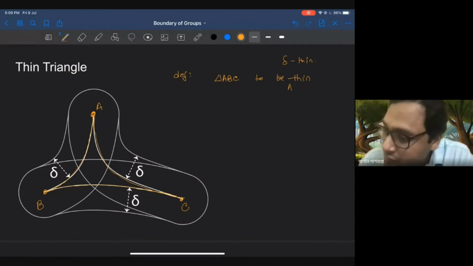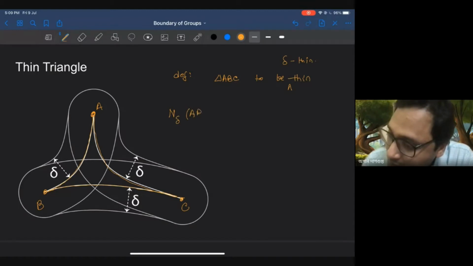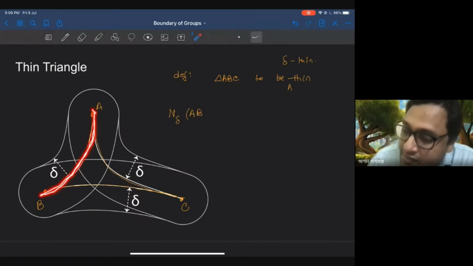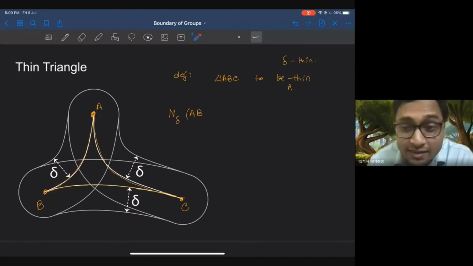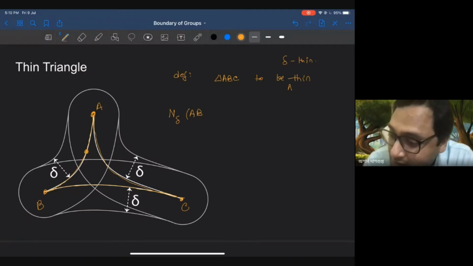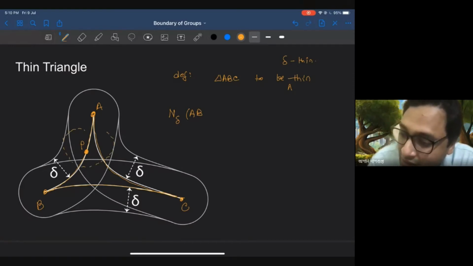If you take the delta neighborhood of AB, of this particular line segment. How can you take the delta neighborhood of a line segment? Well, you take the delta neighborhood of each point. You take a point on it, you draw a ball of radius delta.